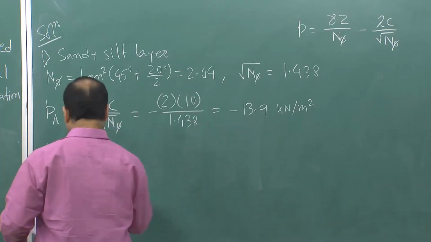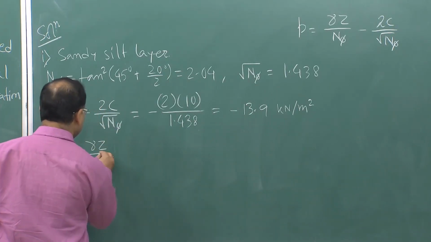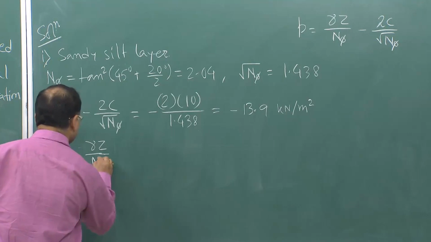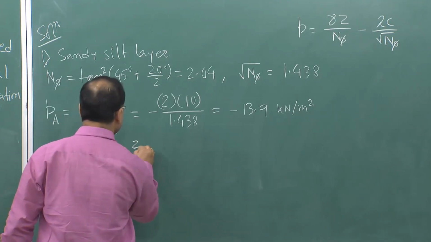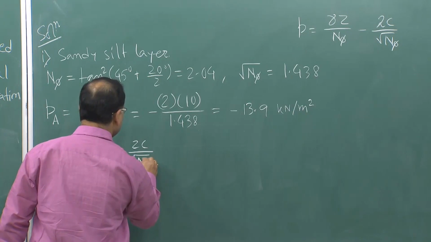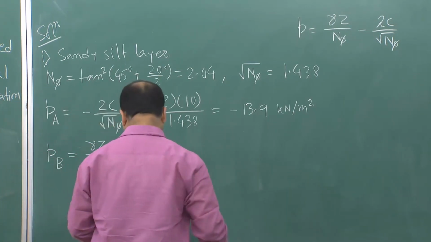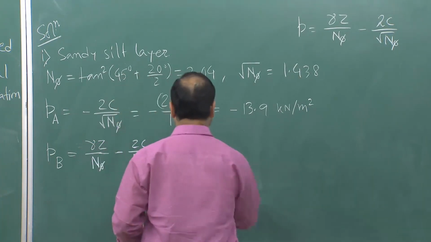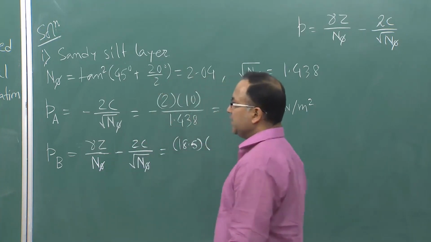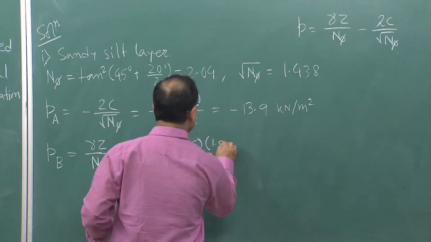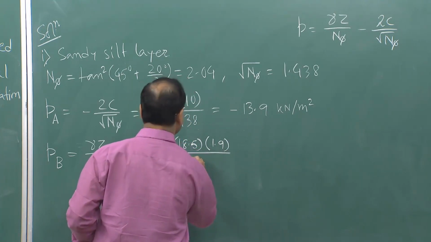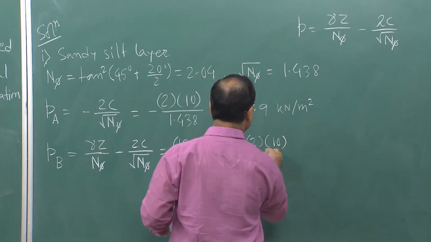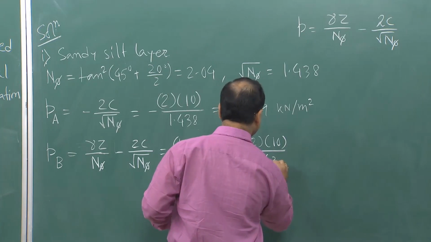So, PB is equal to gamma z by N phi minus 2c by root over N phi, which is equal to 18.5 into z, where z is 1.9 meter, 1.9 divided by N phi, 2.04, minus 2 into 10 divided by 1.438.